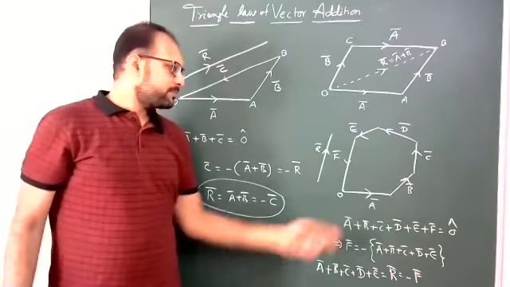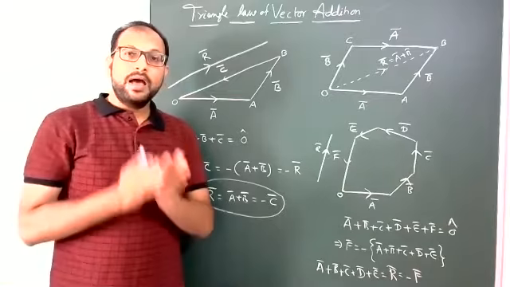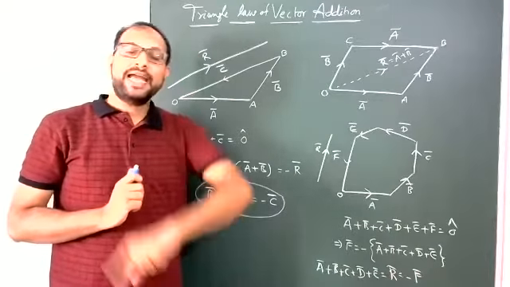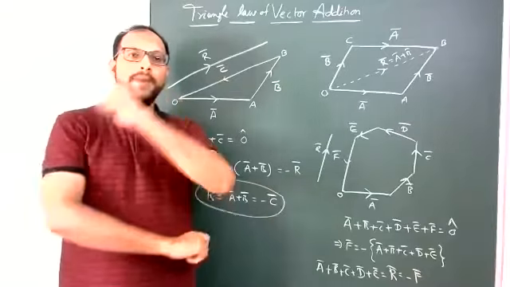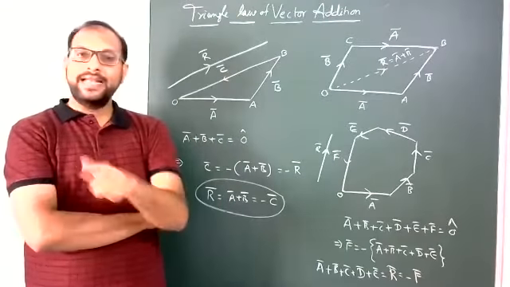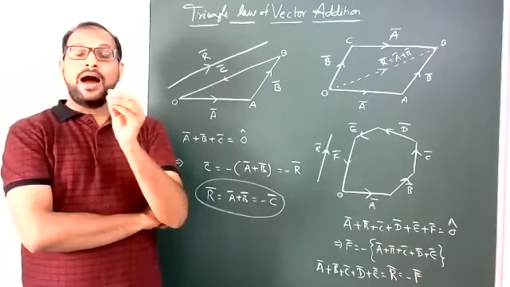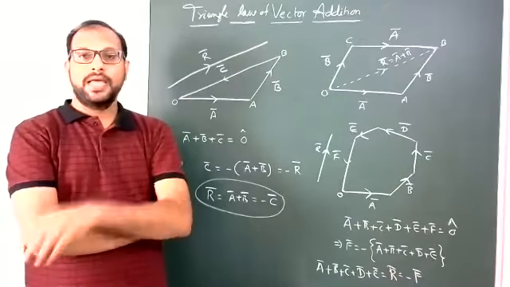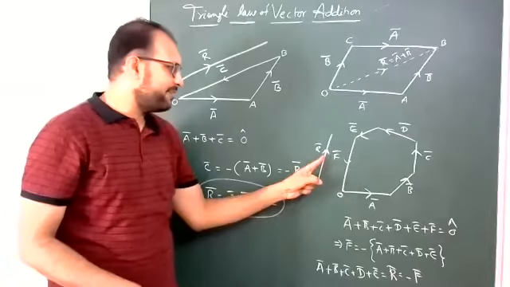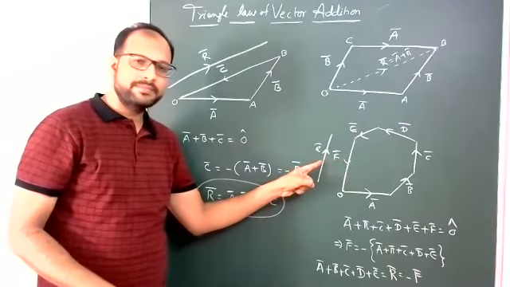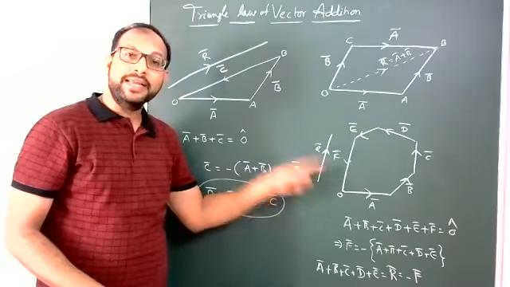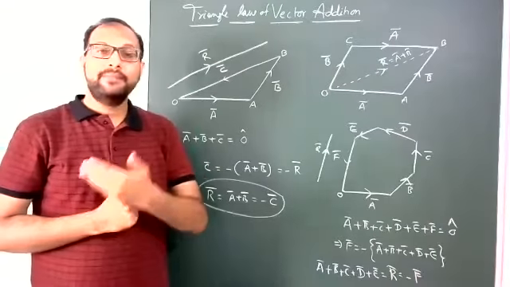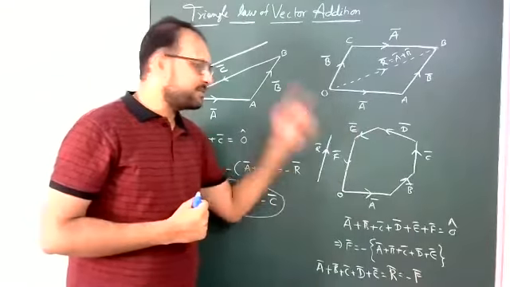So now, if all vectors taken in order represent sides of a closed polygon, then the last vector, that is the last side of the polygon, taken in reverse order (this is regular, this is reverse), is the vector addition of all the remaining vectors.